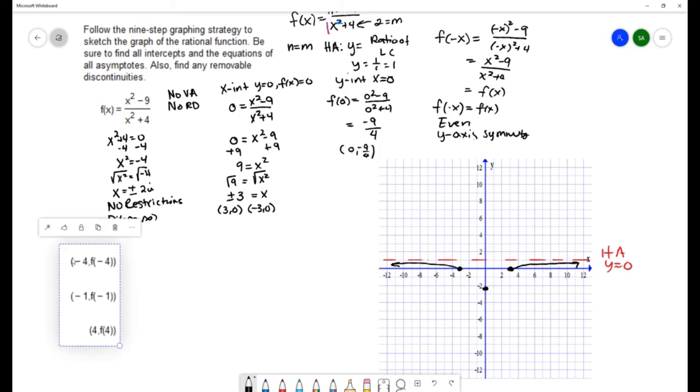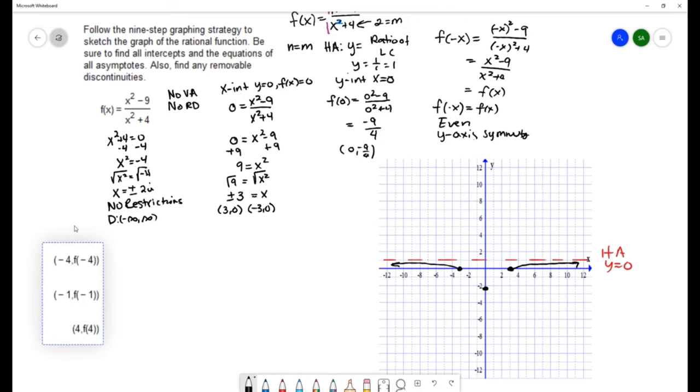This notation is written as an ordered pair, and we have an x of -4, and the y part is left for us to calculate. So we want to calculate f of -4. We substitute that -4 into our function, which gives (-4) squared minus 9 over (-4) squared plus 4.